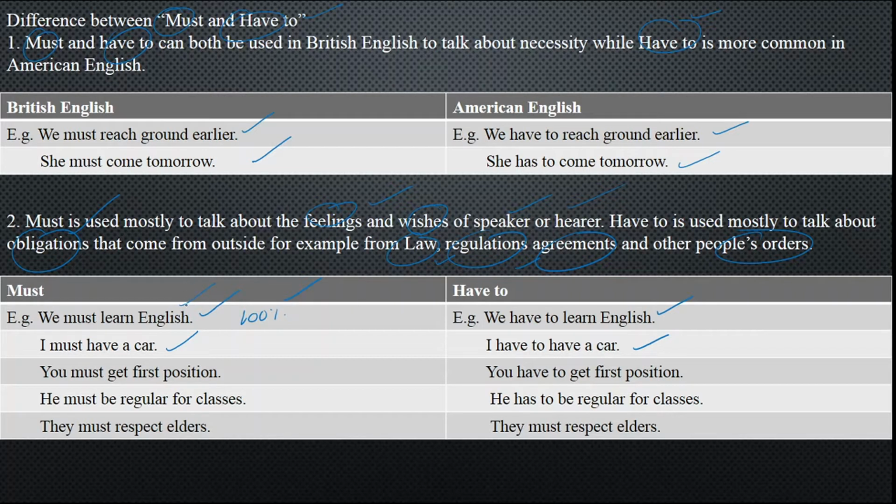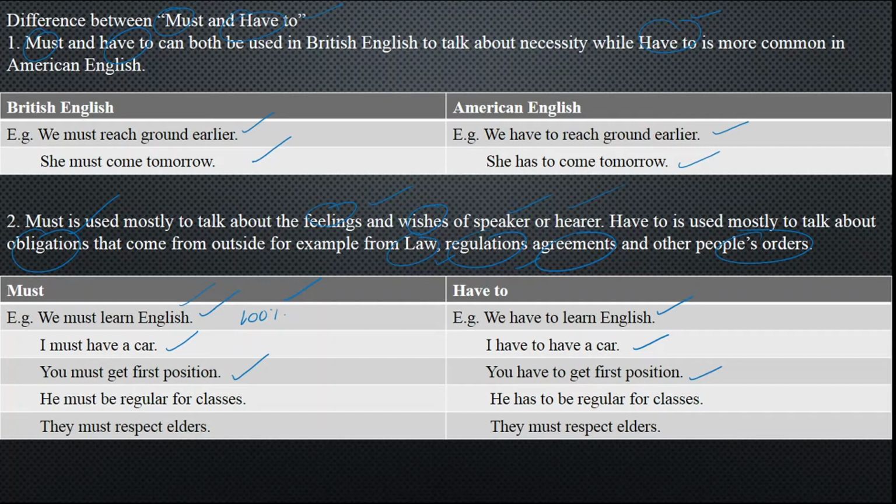"You must get first position." This is a feeling or expression that you must get it. It is everybody's wish to be on top. But "you have to get first position" means whether you like it or not. Why? Because that is your parents' demand. They say that our children should be on top, and you are compelled to do it, whether you like it or not.